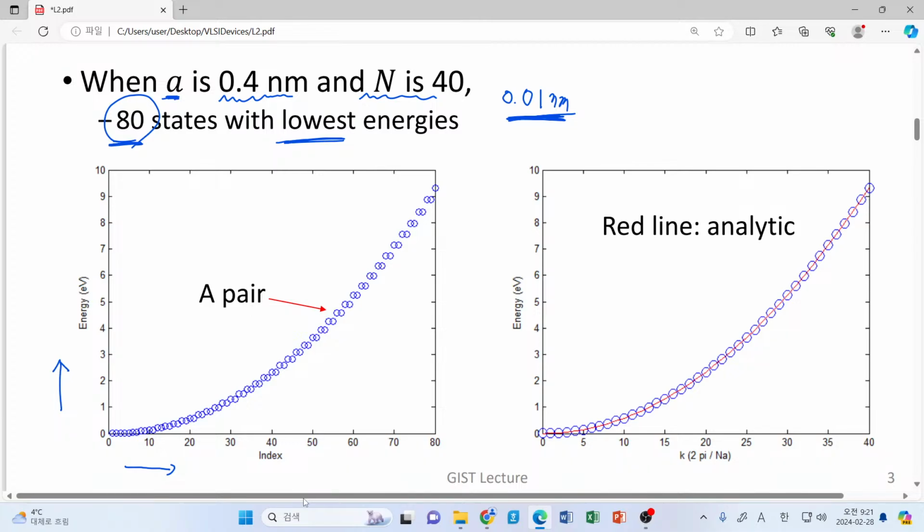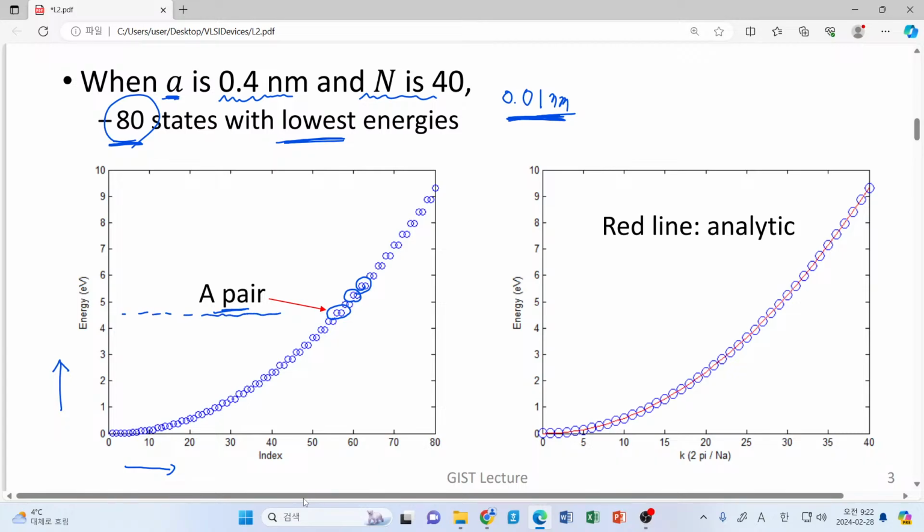You can find that there is something weird. Although it looks like a parabola, you know that they are having the same value. It means that when we solve this system, we can find a pair corresponding to a certain energy.